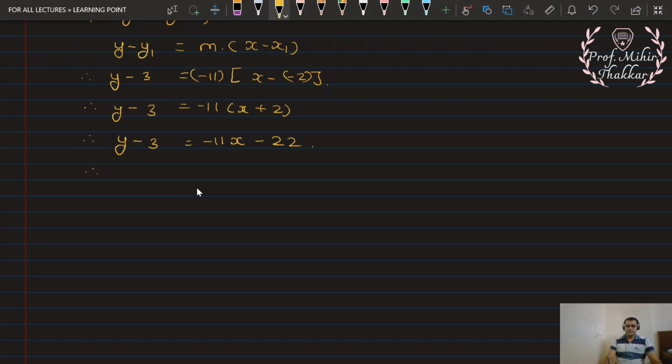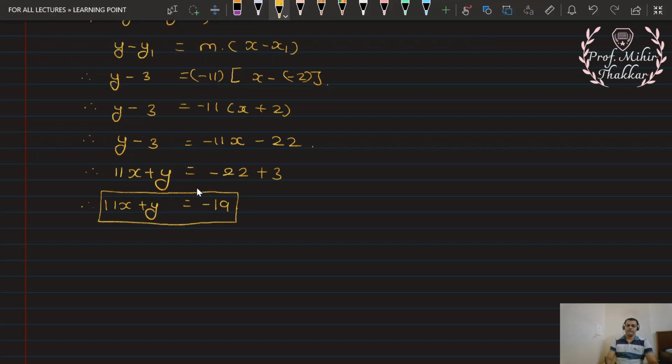So take this 11x on the opposite side, this will become positive, is equal to minus 22 plus 3. So 11x plus y, this becomes minus 19. So guys, this becomes your simple calculation or the simple formula or the method to find out the equation of the tangent.